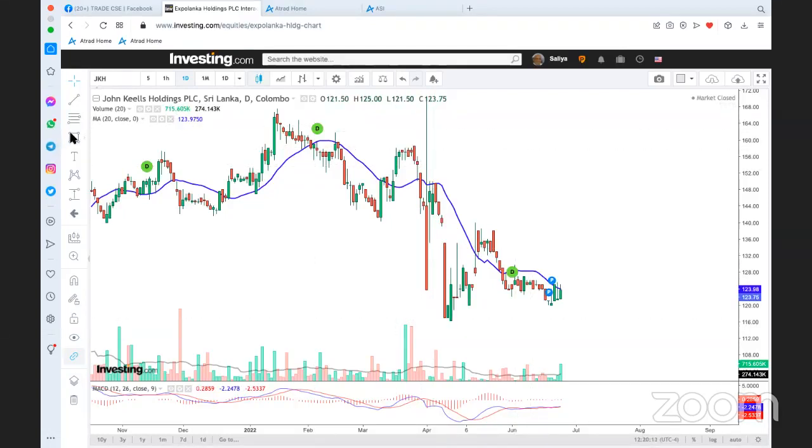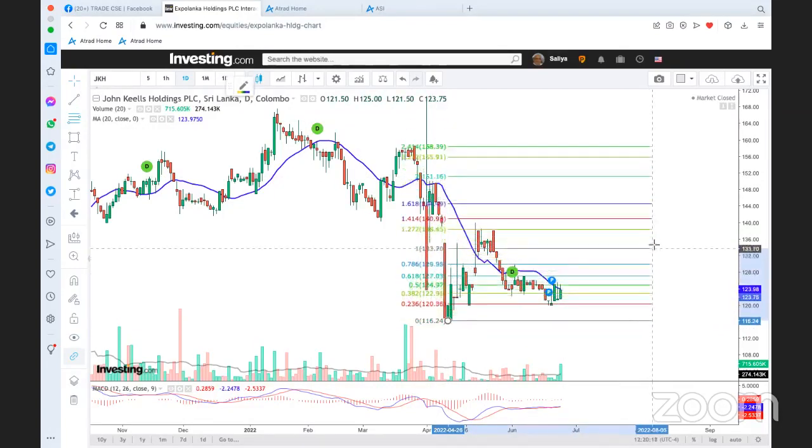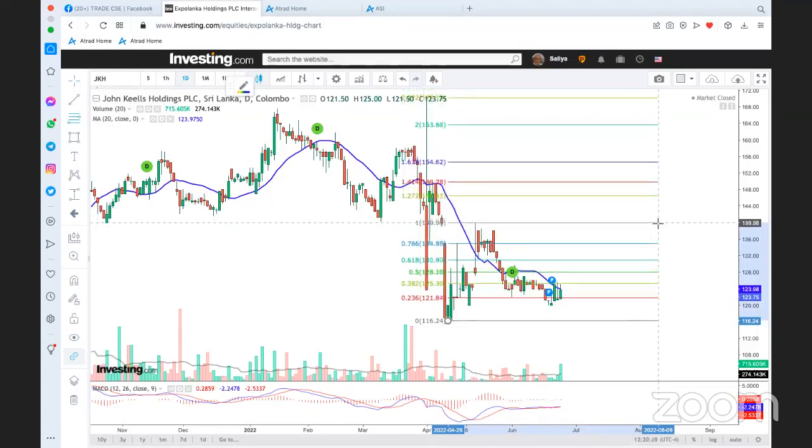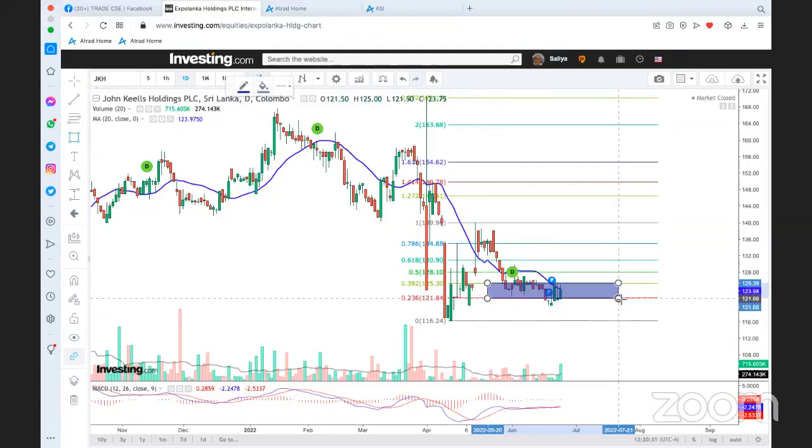So over here, this is how it will play at the present moment. Support is obviously around this level, right? And the next support is here.